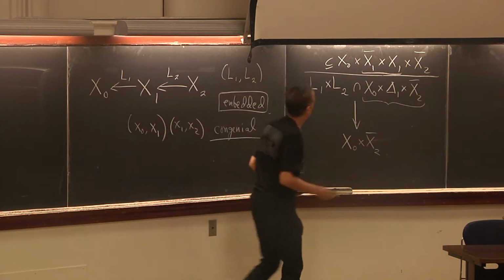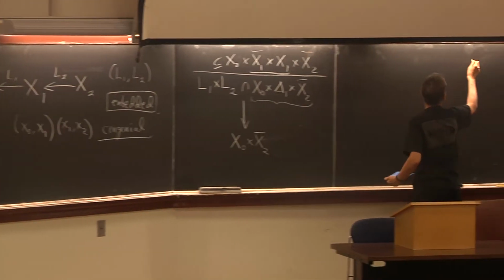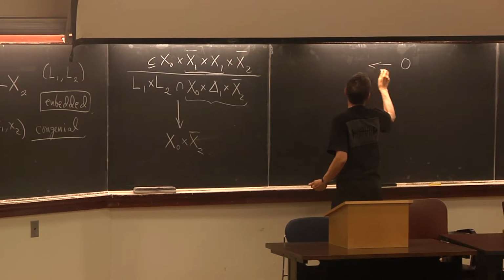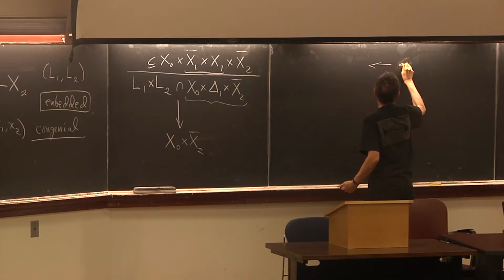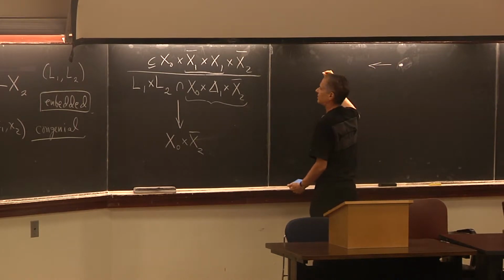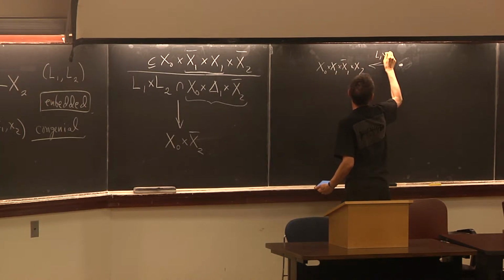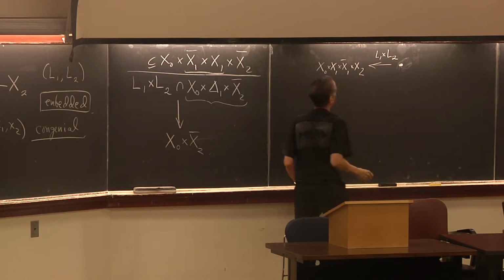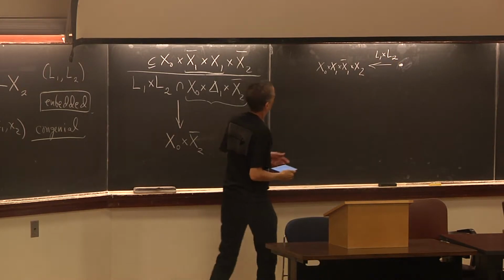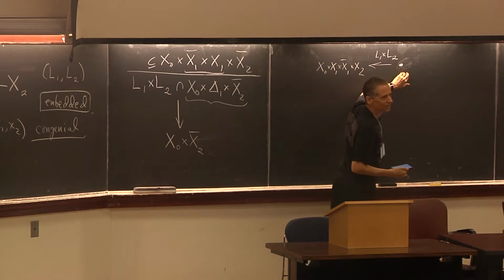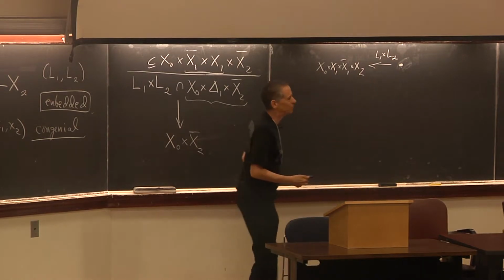Incidentally, we can think of this itself as a composition. We can go from the point to x0 cross x1 cross x1 bar cross x2 by L1 cross L2, which is a submanifold of this cross the point with the symplectic structure reversed.